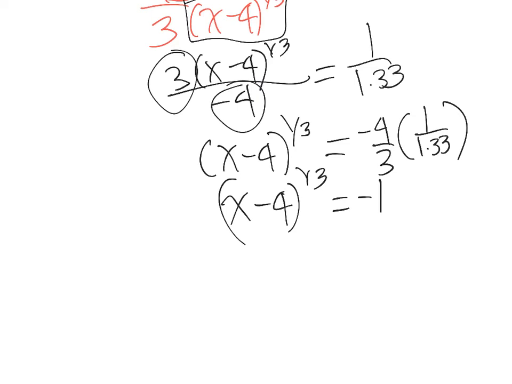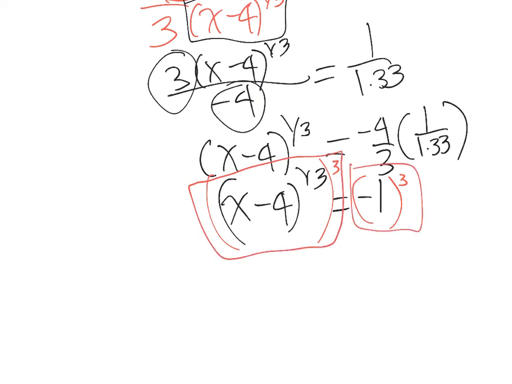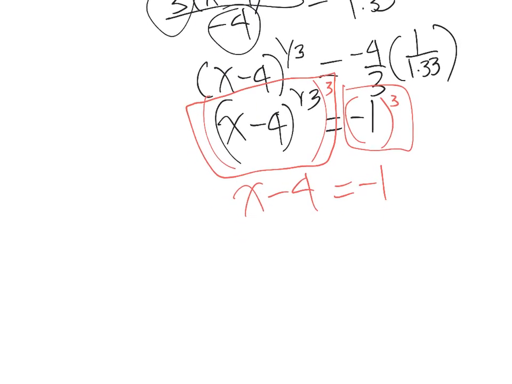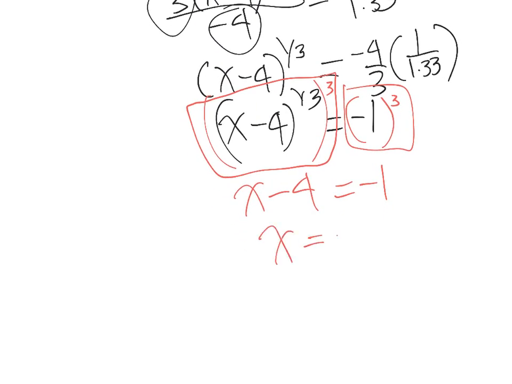How do we solve that equation? Well, how do I get rid of 1/3 in the exponent? I multiply by 3, which means I have to cube both sides. So I'm cubing both sides. So I end up with x minus 4 equals negative 1 cubed, which is negative 1.